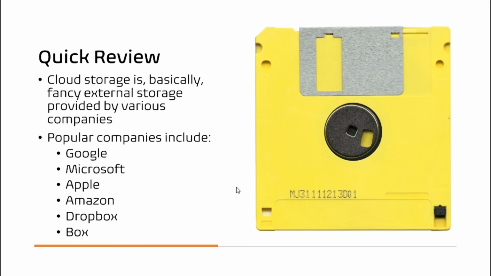And even though we just went through quickly what some of those companies were, some of the popular companies are Google with Google Drive, Microsoft with OneDrive, Apple with iCloud, Amazon just does Amazon Photos now. Dropbox is just general storage, and Box is the same way.